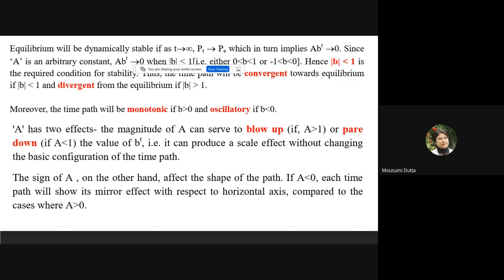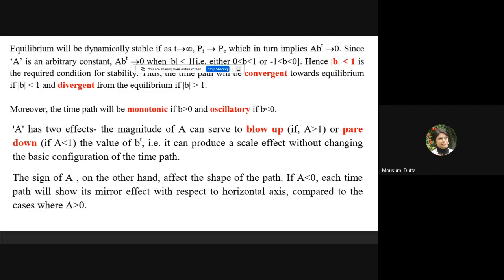The trial solution is a product, A b to the power t. So whatever impact we are getting through b to the power t, that effect will be increased if A is greater than 1. That effect will be magnified, that effect will be blown up.